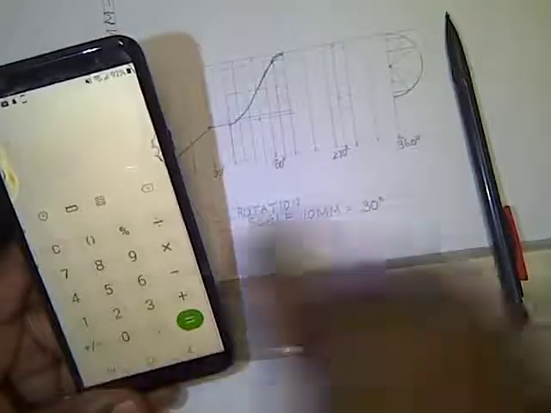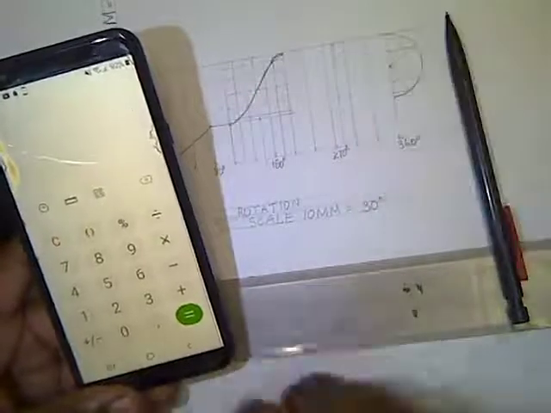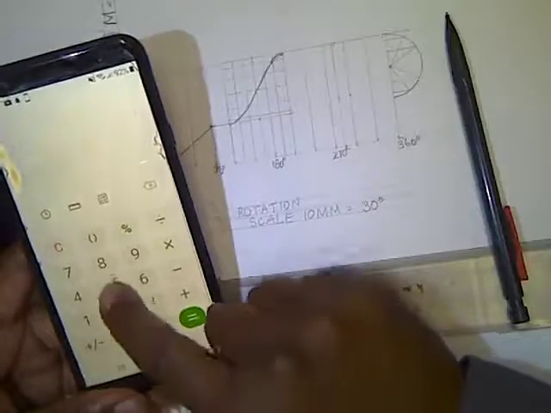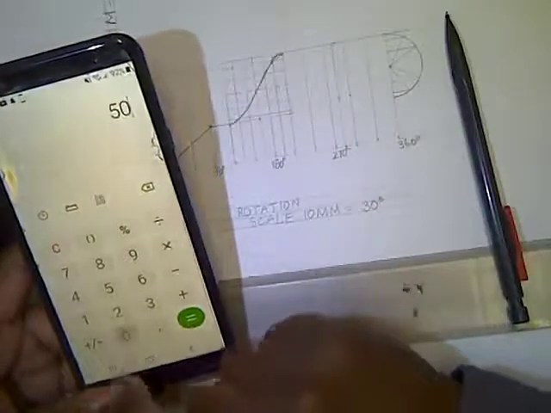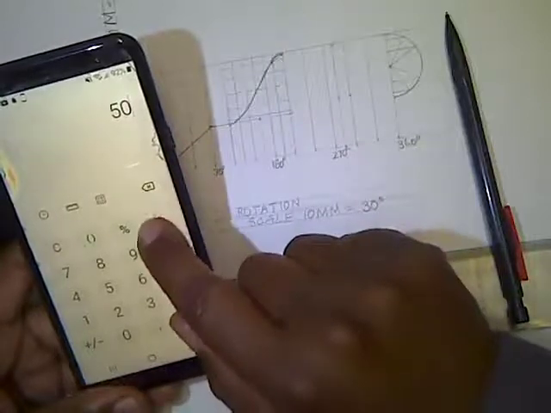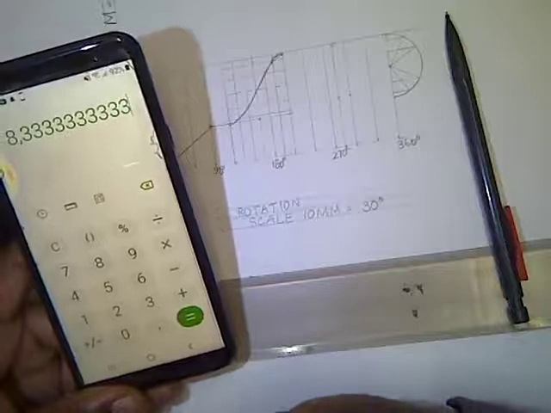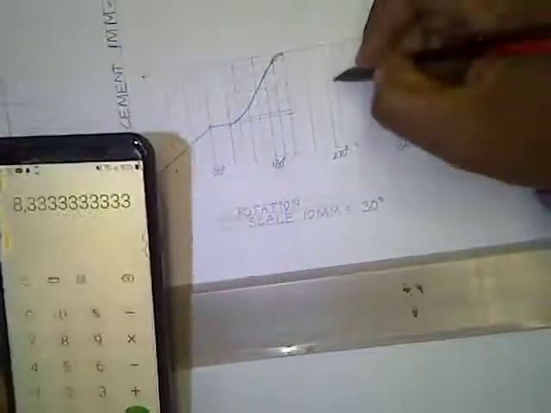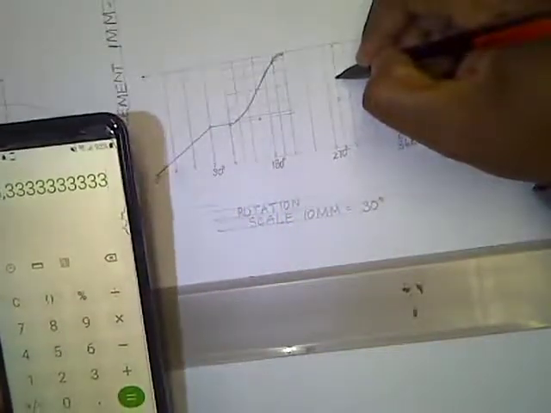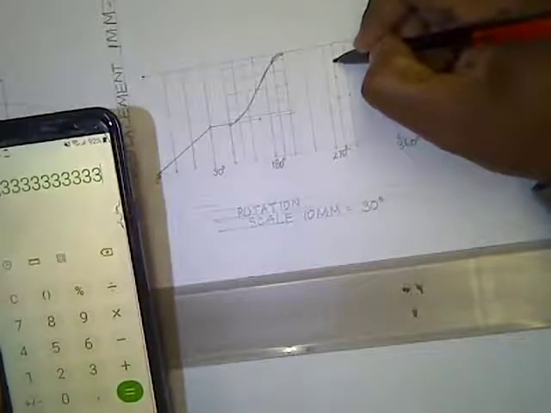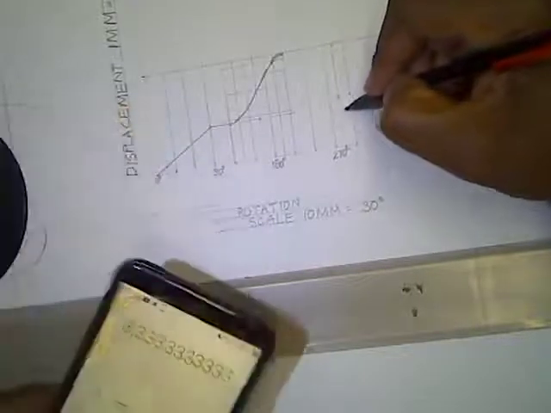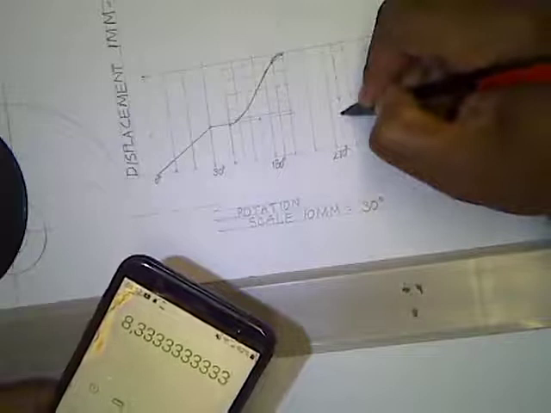Yeah, there is my calculator. I will start dividing this one, which is 50. Let's call it 50 divided by 6. I say it's 8.33. Okay, which will mean something like this here. That will be 8.33.